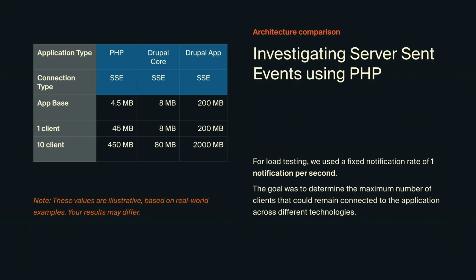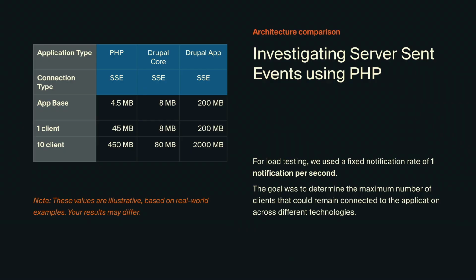We can also have a complicated app, if you're monitoring your app's memory consumption, which takes around 200 MB or more. But it varies. Based on this, you can see the requirement for 10 clients, just from the memory. I'm not talking about processing, because processing might be very low for server-sent events if your notification rate is low.